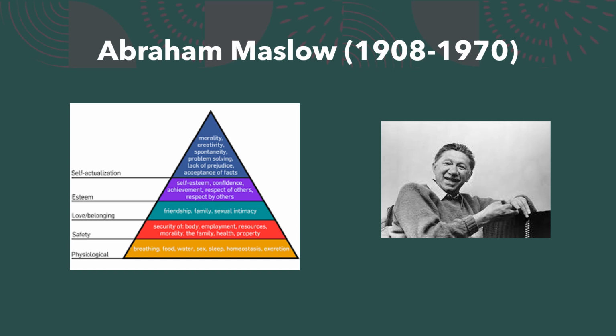And of course, that was the society that started to emerge in the post-war United States, and perhaps some other societies as well, where people had taken care of their physiological needs, their basic physical needs, their needs for safety, perhaps their needs for love and belonging, and a certain amount of esteem.